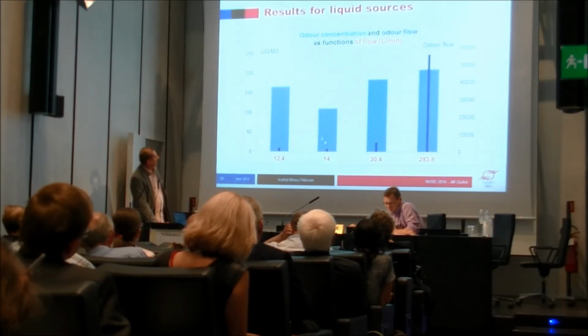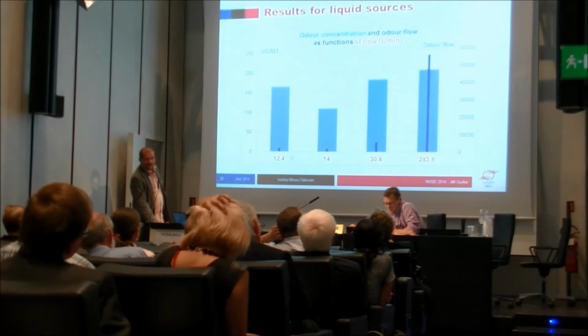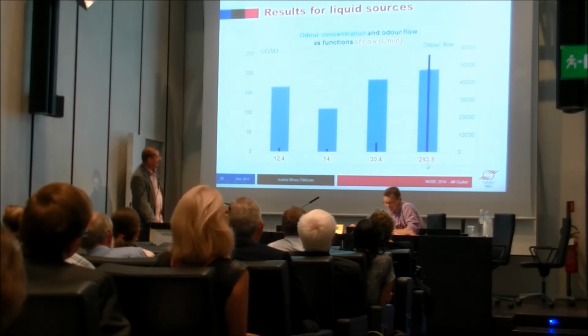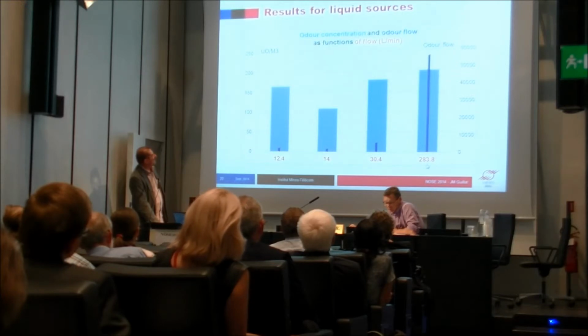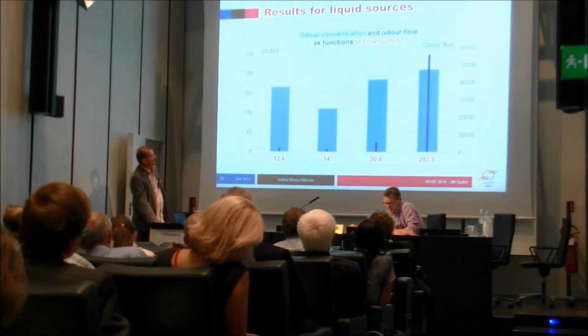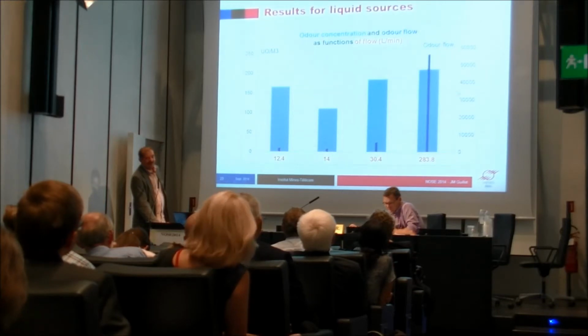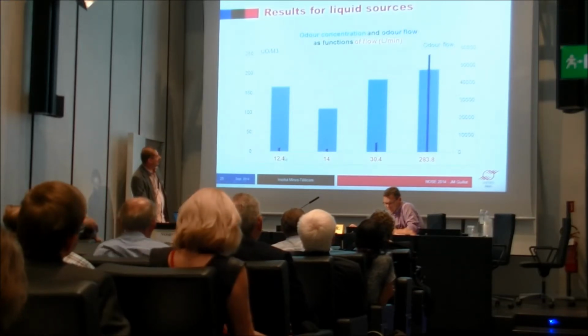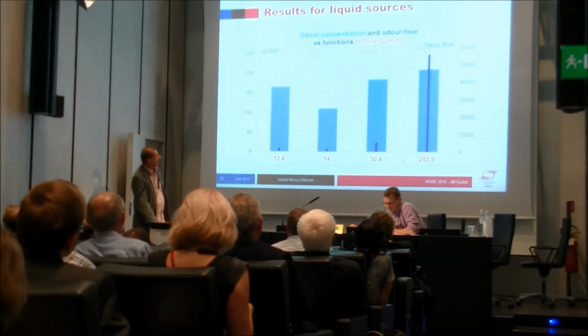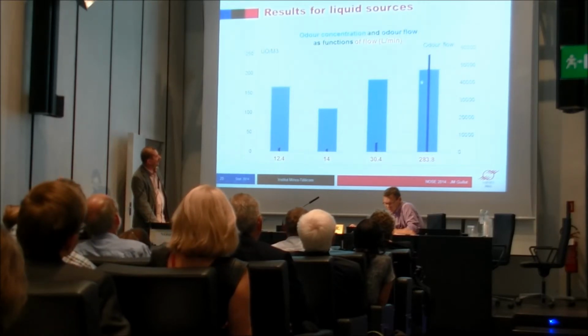But these 4 chambers have very different flow rates, from 12 to 300 liters per minute. And of course, because your concentration is quite constant and you multiply it by your flow rate, your odor flow is increasing a lot.